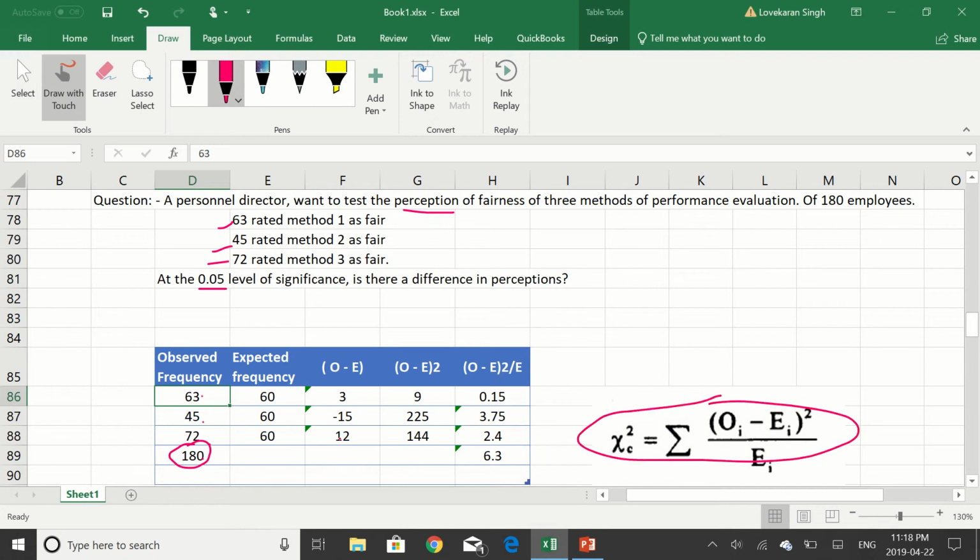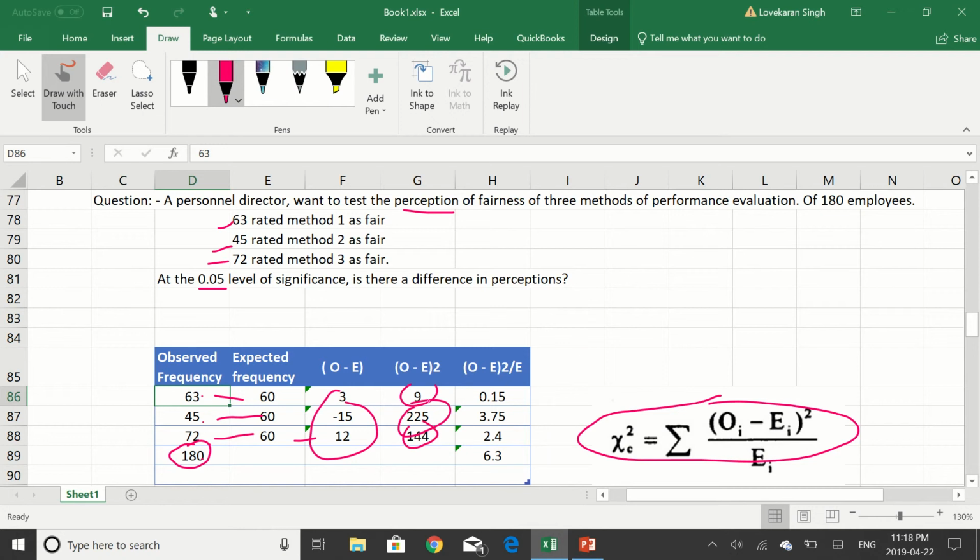Following the formula, we subtract the expected frequency from each observed frequency: 63 minus 60 is 3, 45 minus 60 is minus 15, and 72 minus 60 is 12. After squaring, we get 9, 225, and 144.